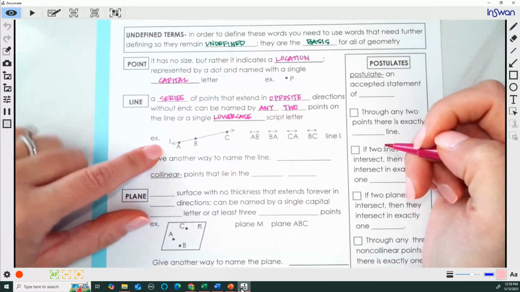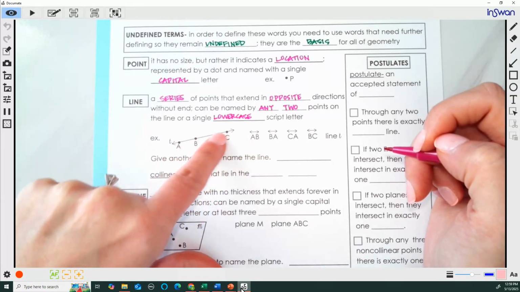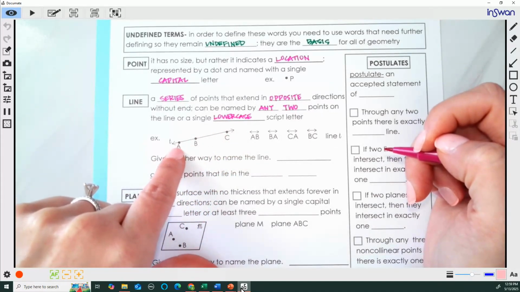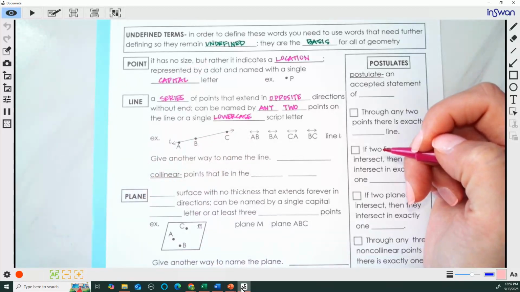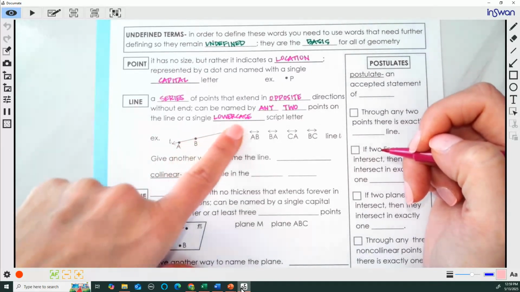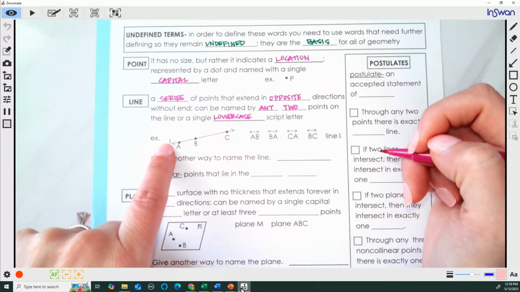So, for example, we have this line here, and again, it is a series of infinite points that we connected to look like a line that we can draw, but it's really more abstract than that. So we can imagine that this line goes on forever and ever in both directions.